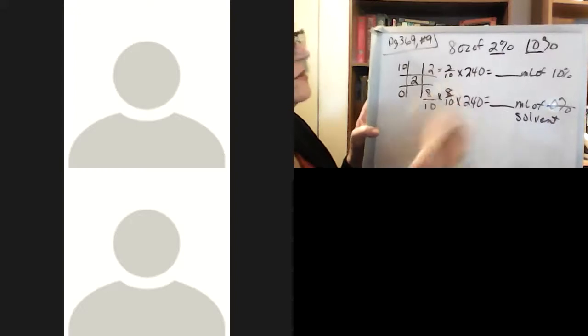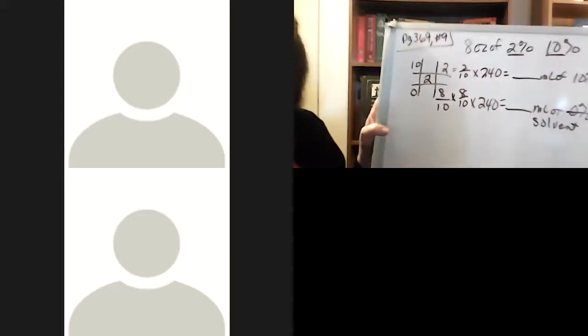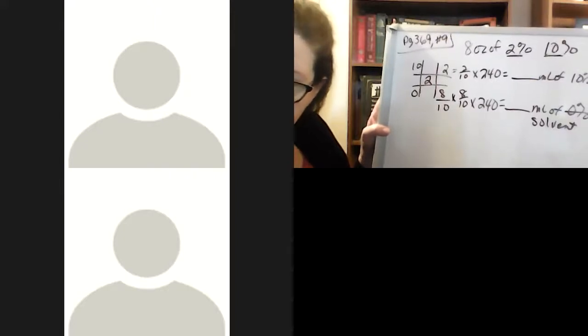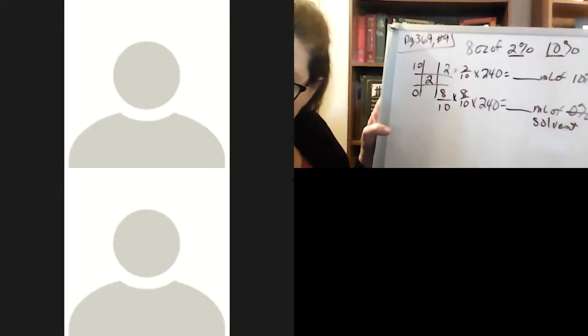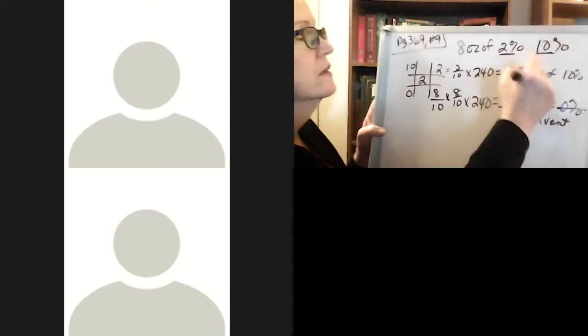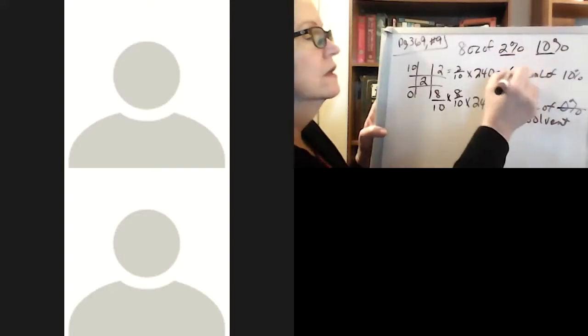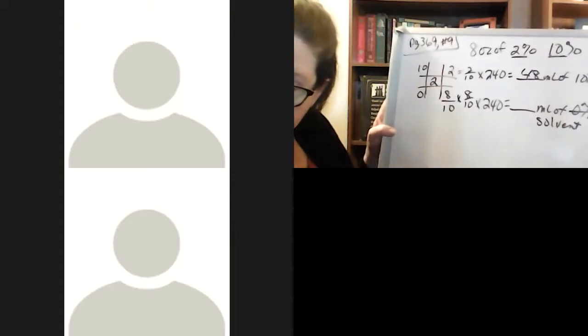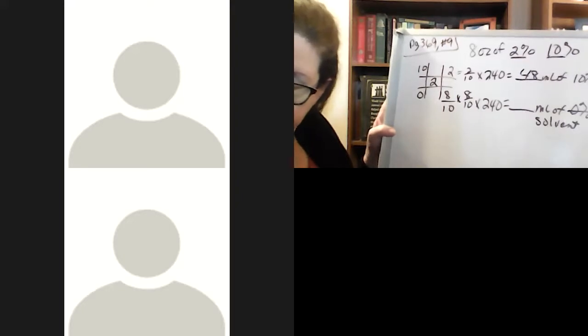Okay, so 2/10 times 240. 48? I have to do the math. Times 40. Yes, 48. And 8 divided by 10 times 240. I got 16.